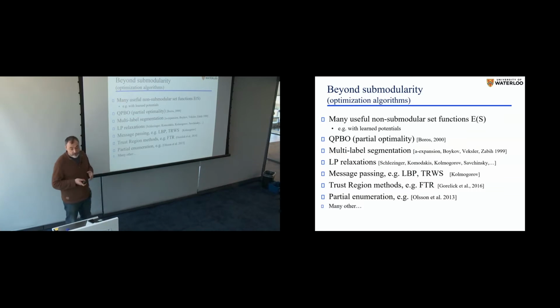But nonetheless, there are lots of non-submodular energies which are useful, and a lot of research has been done in the context of useful non-submodular energies and good optimizers for them, like QPBO, LP relaxations, message passing, trust region methods, and all sorts of things. So it's a shallow area of research, but with lots of research, at least in the past.